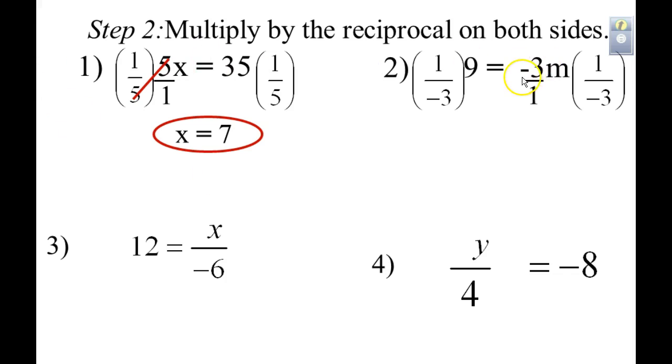So negative 3 over 1 times 1 over negative 3 equals positive 1. It cancels out. And the left-hand side, 9 times 1 over negative 3, or 9 divided by negative 3, same thing, equals negative 3. And if you want to rewrite it with a variable in front, that's fine too.